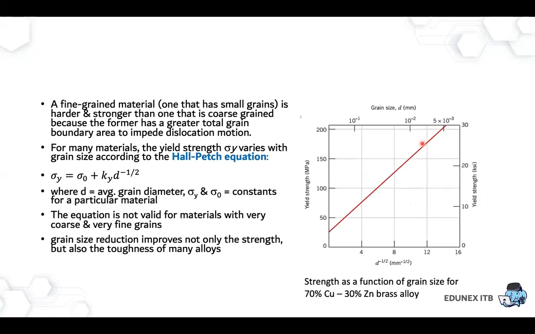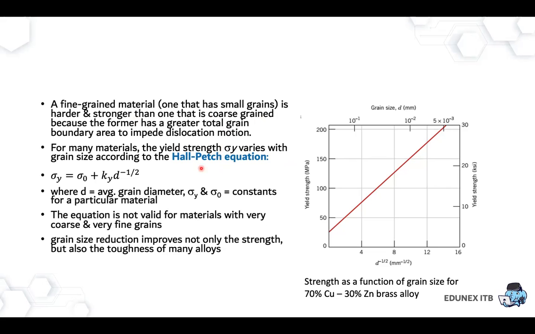We call this the Hall-Petch equation. Fine grain materials, the ones that have small grains, are harder and stronger than coarse grain materials, because the former has a greater total grain boundary area to impede the dislocation motion.